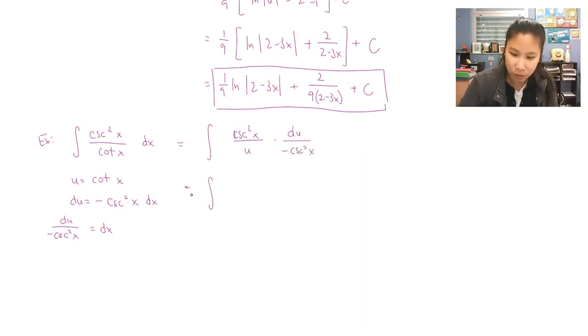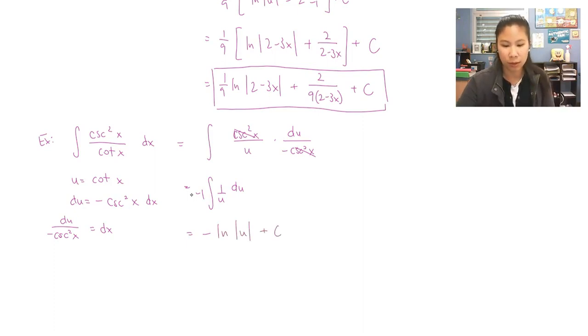Okay, so really we can take out the -1, and then we end up with 1 over u du, which is just negative natural log of the absolute value of u plus c. And then plugging u back in, we have the negative natural log of cotangent x plus c.